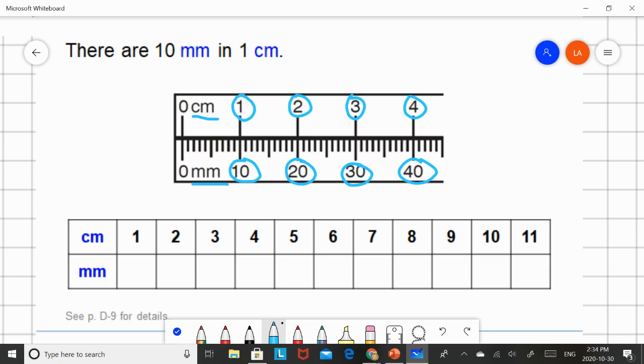So while we go up by 1 in centimeters, we go up by 10 in millimeters. We're just skip counting by tens. 10, 20, 30, 40, 50, 60, 70, 80, 90, 100, 110, and so on and so forth.